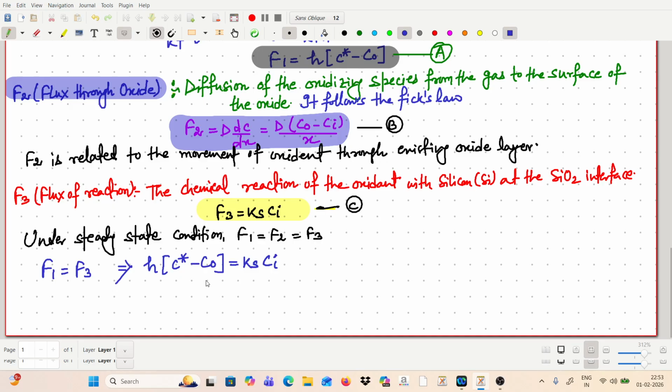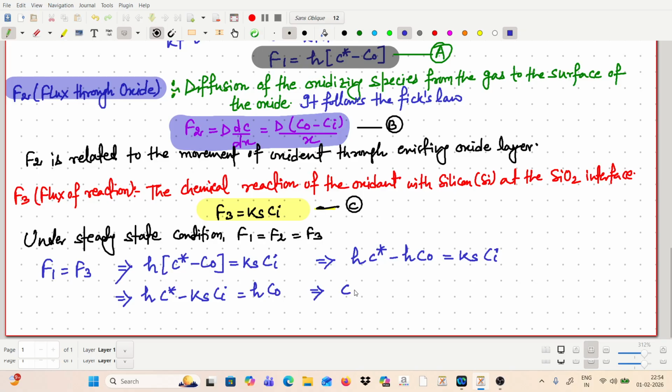Now from this equation, can we find the value of C naught? hC star minus hC naught equals Ks Ci, so hC star minus Ks Ci equals hC naught.